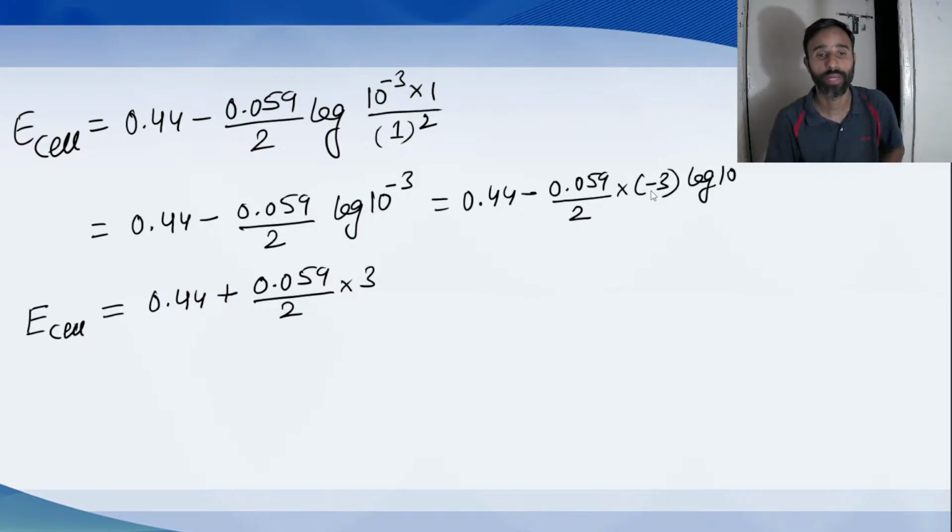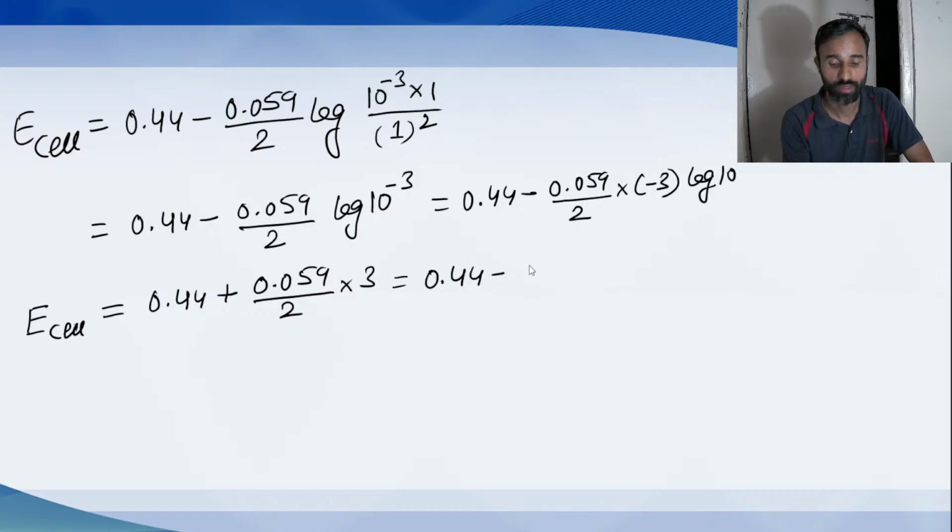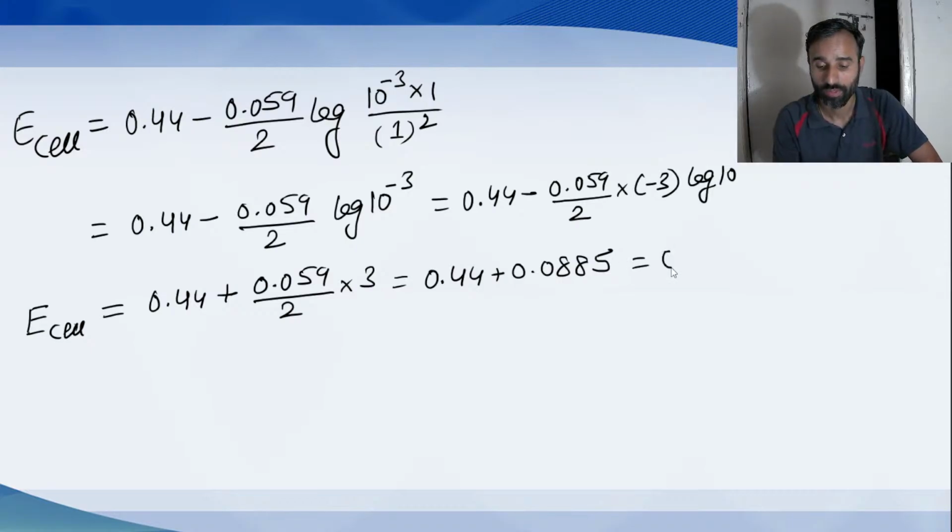So the value comes out to be 0.059 into 3 divided by 2, which is 0.0885. So it is 0.44 plus 0.0885, which is 0.5285.